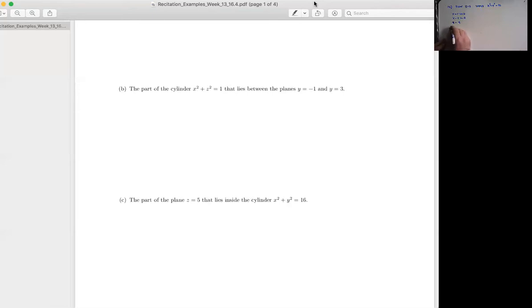So now our function, let's call it j, of r and theta outputs the vector r cosine theta, r sine theta, 5.